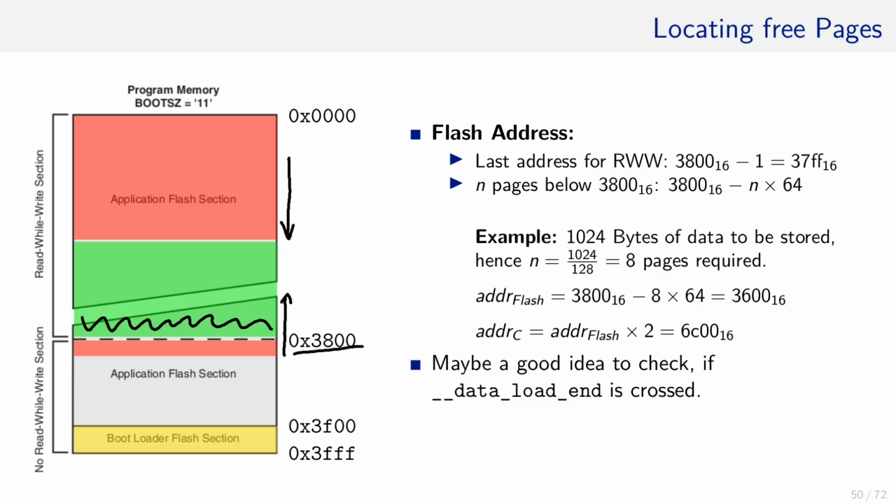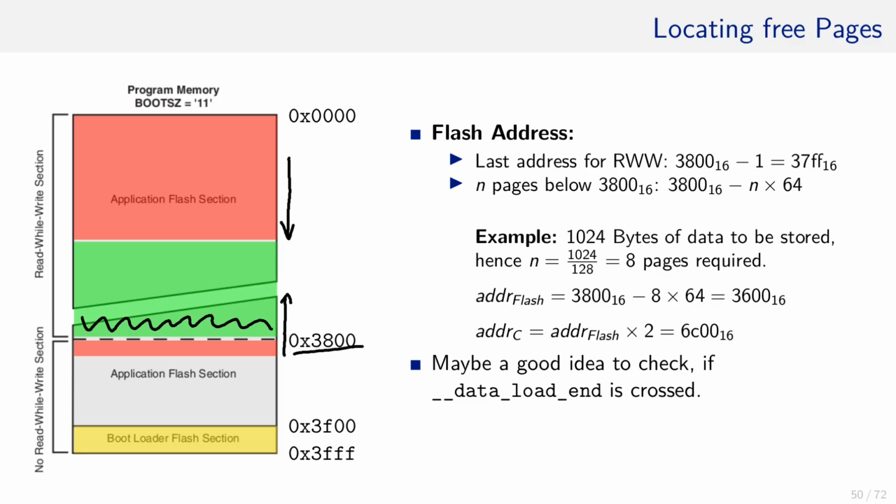Since C is used and C addresses by bytes, this address needs to be doubled to be used in a program. If you take this way, it is probably also a good idea to check if your data is crossing the data load end marker, which indicates the end of your program, to prevent any overwriting.